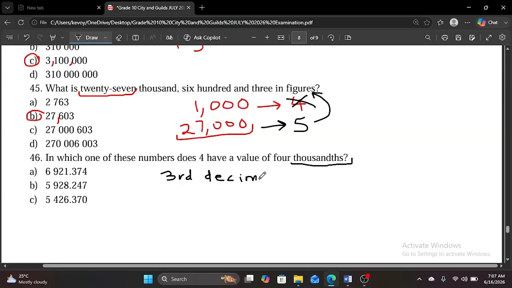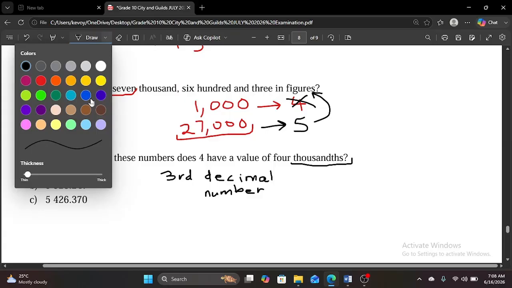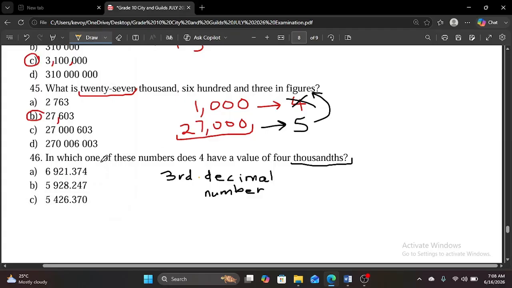So your third decimal number is a number in the thousands place. So let's see which number has 4 as the third number. So that's going to be 1, 2, 3. So my 4 is in the third decimal number, so it is in the thousands place. So my answer is going to be A.